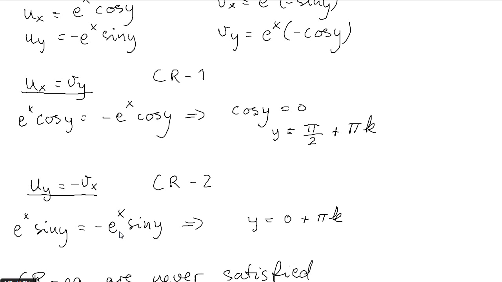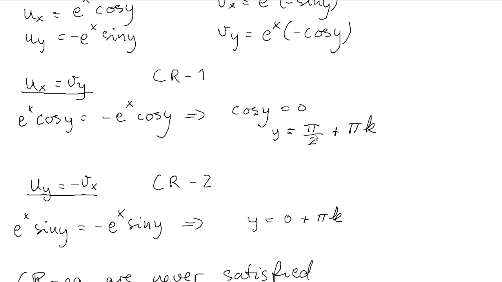Then we obtain this equation, and in the same way we conclude that sine of y is equal to 0, which implies that y should be 0 plus some integer multiple of pi.